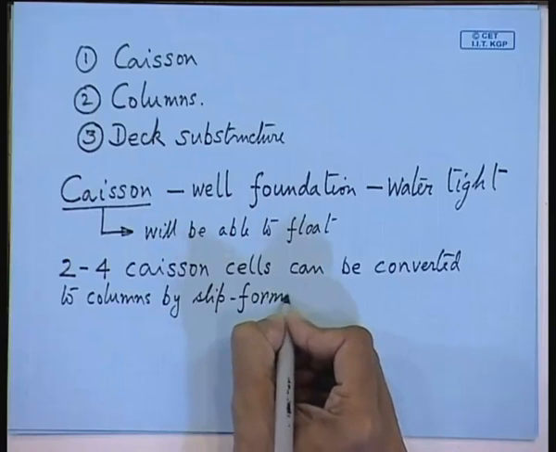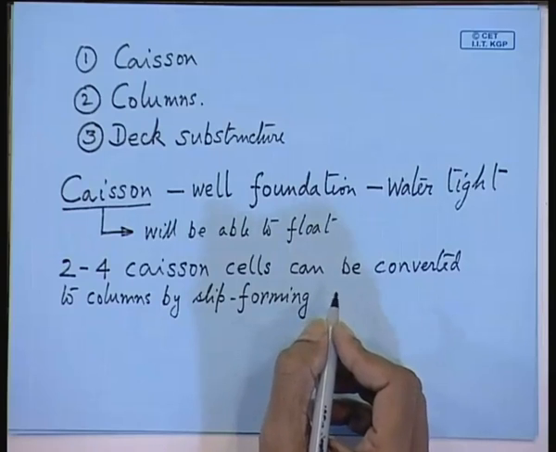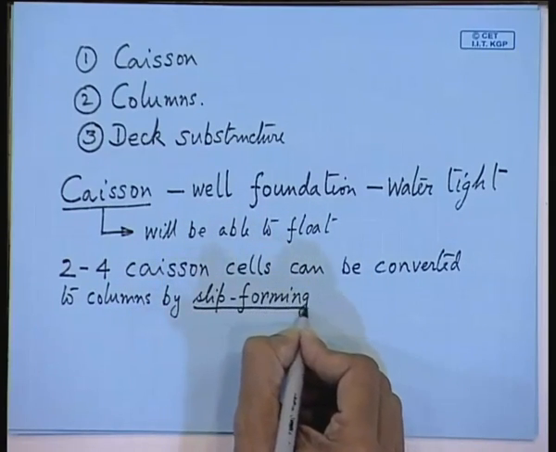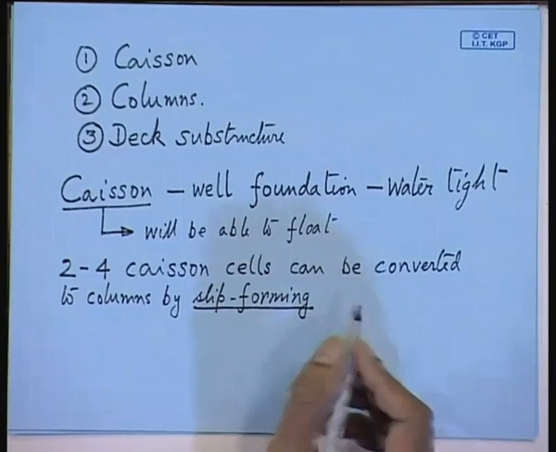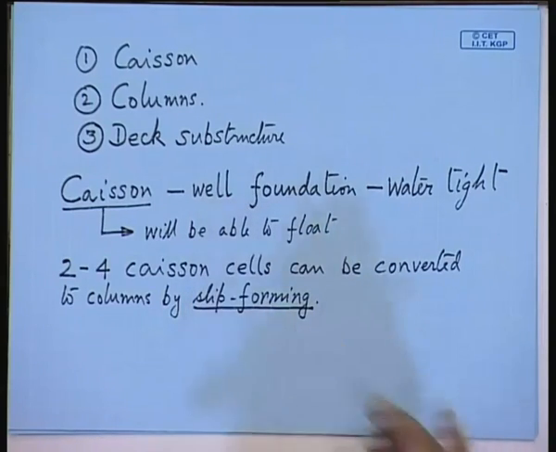So columns are actually slip formed over the caisson cells. You just keep on adding the walls of the column. Normally this takes place.